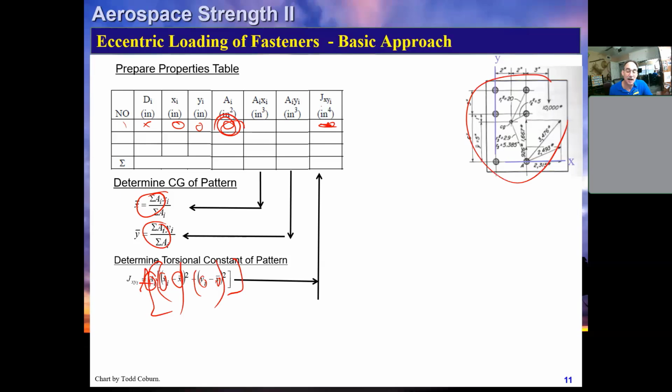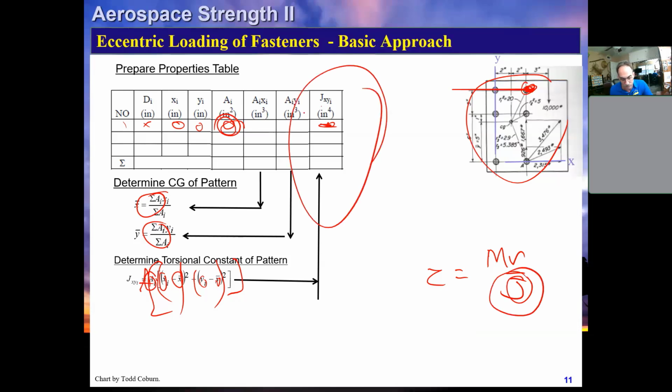Now, a really common student error is when they're calculating stresses, MR over J. If I ask them what's the stress in this fastener, they'll use the J for that fastener. This is the J of the whole pattern, not just of one fastener.